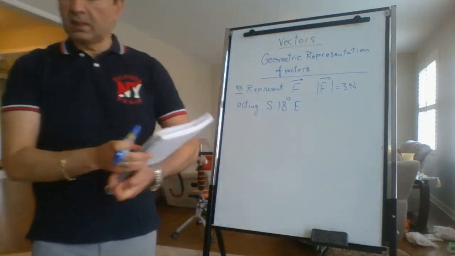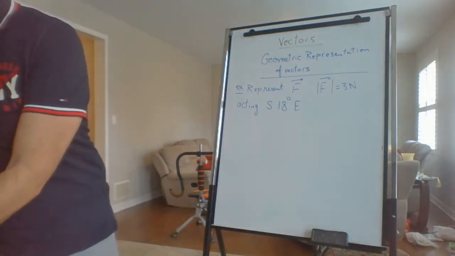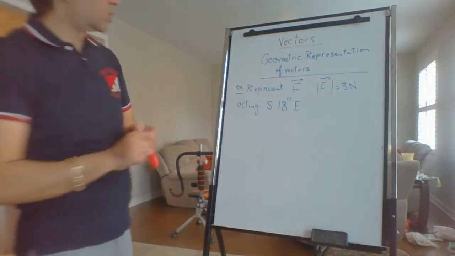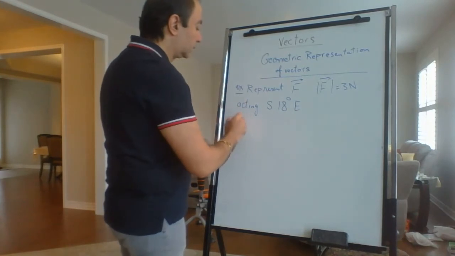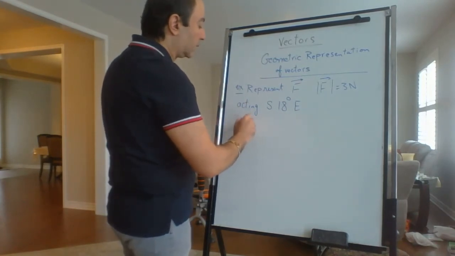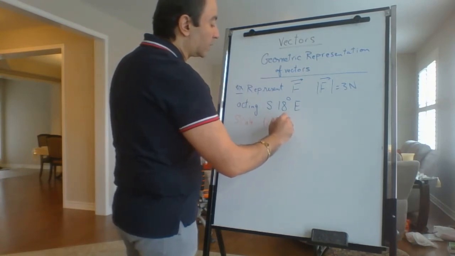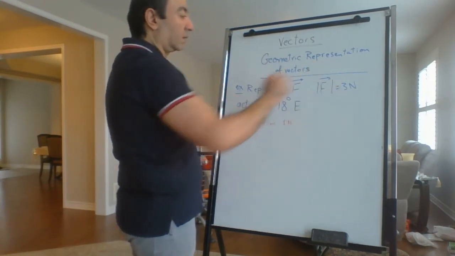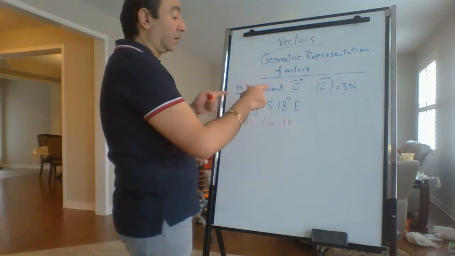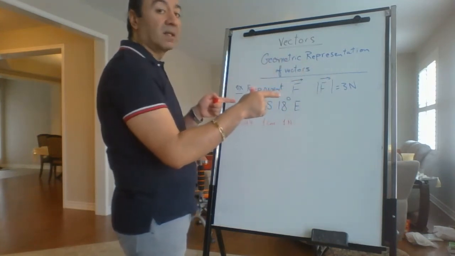So as I told you, we are going to choose a scale. In here, the scale will be 1 centimeter per 1 Newton. So we need to draw an arrow that is 3 centimeters long.